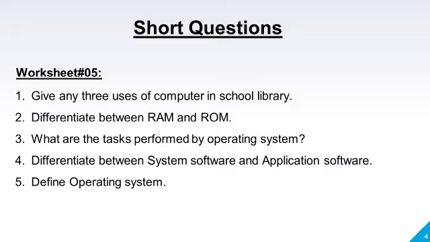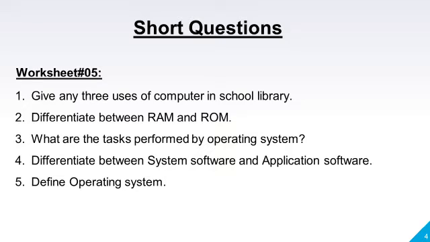The common types of system software are operating system, utility program, device driver and language processor, whereas application software have different types like business software, productivity software, education software, entertainment software, etc.